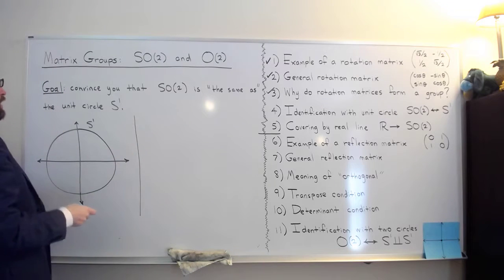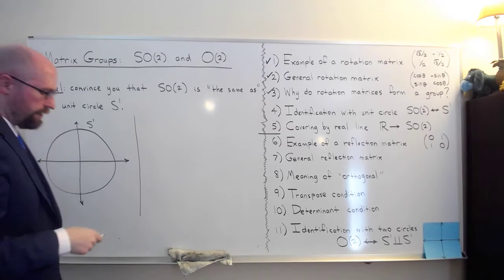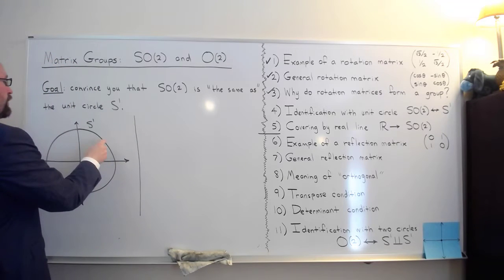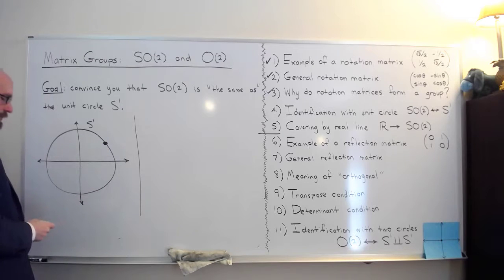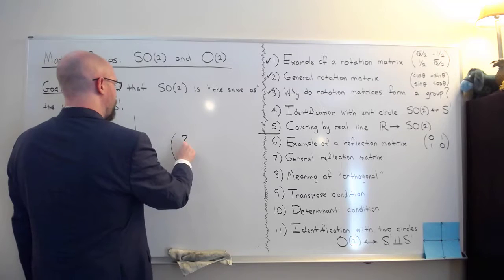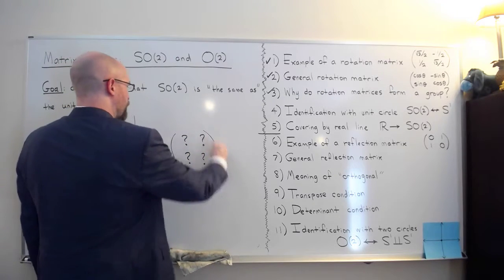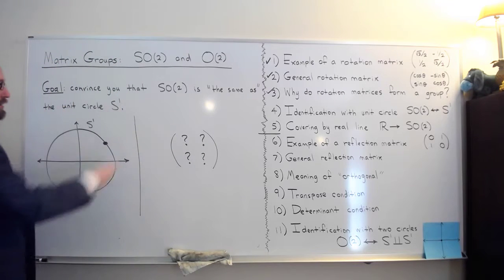And then over on this side, we want a matrix group, a rotation matrix. So the game we're supposed to play is I tell you a point on the unit circle, and you're supposed to tell me a matrix. And so that means you have to tell me 4 entries.